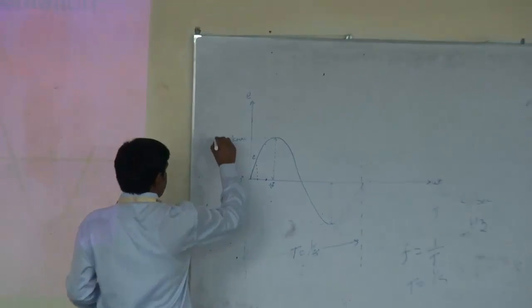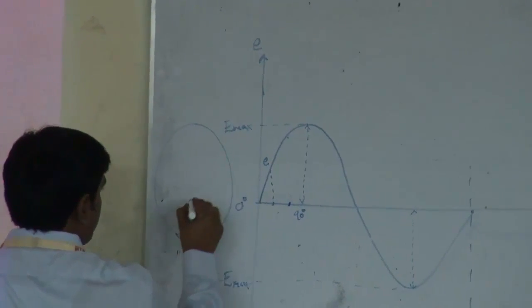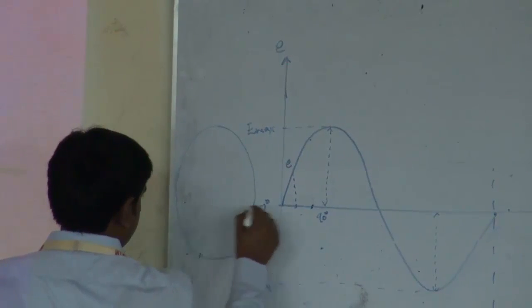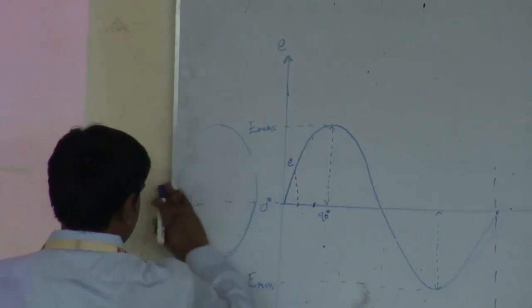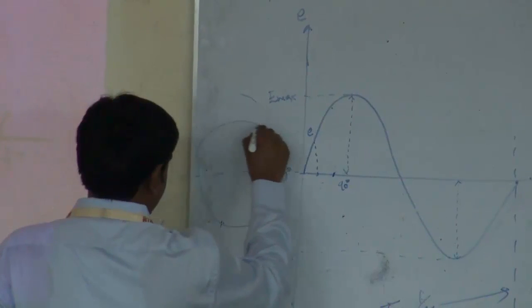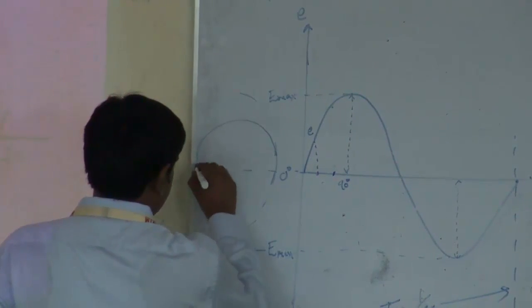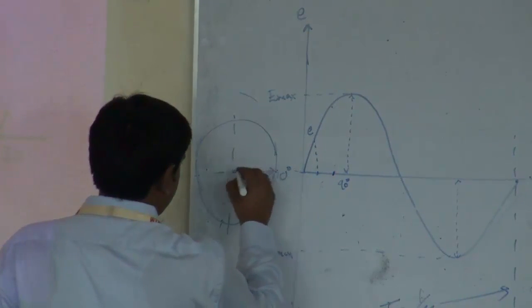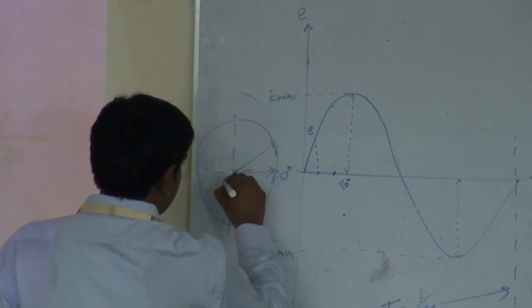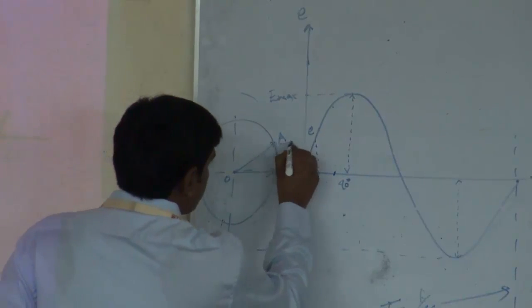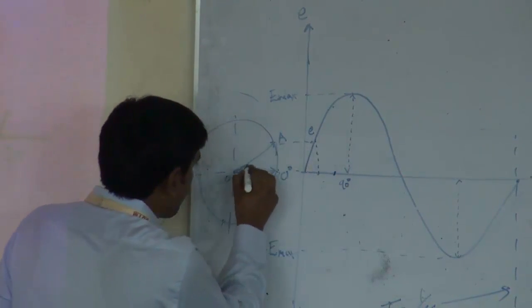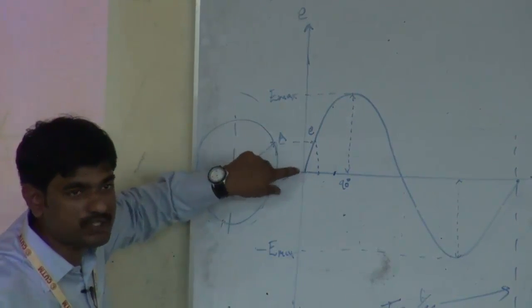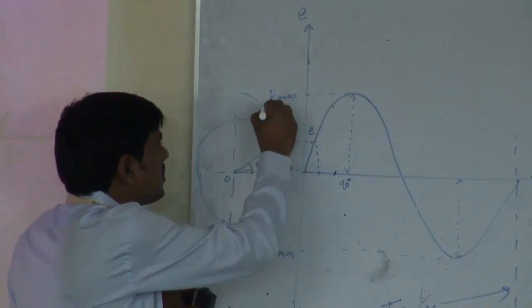So let me draw a circle here to help you understand better. This is OA, and when it makes an angle theta, the phasor is rotating in the anti-clockwise direction.